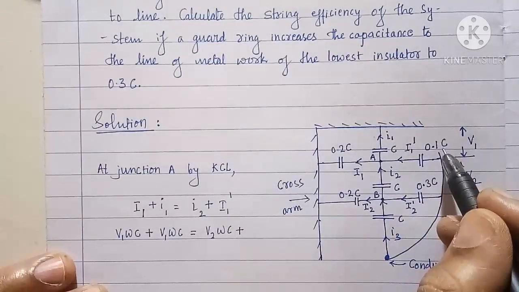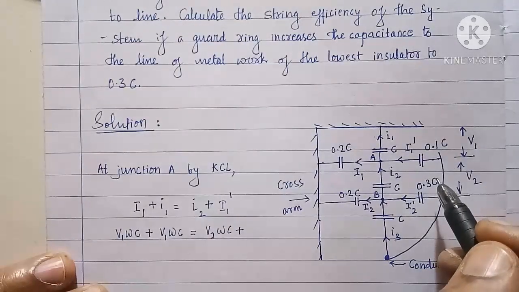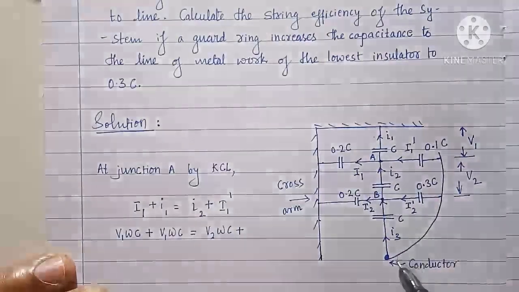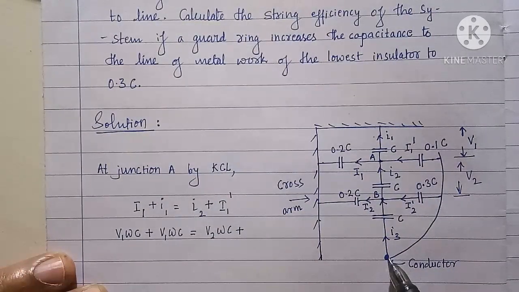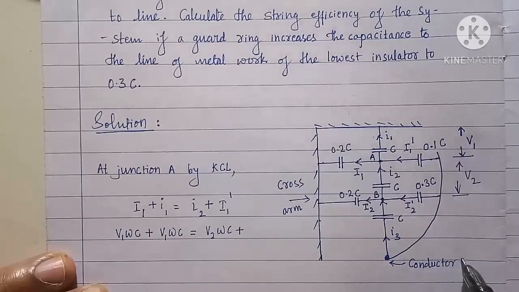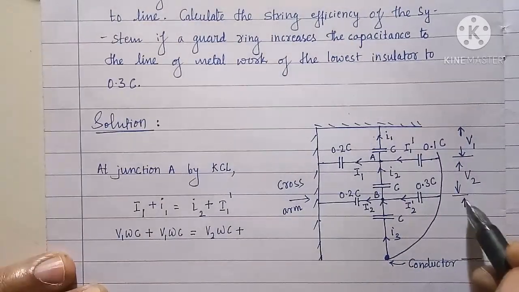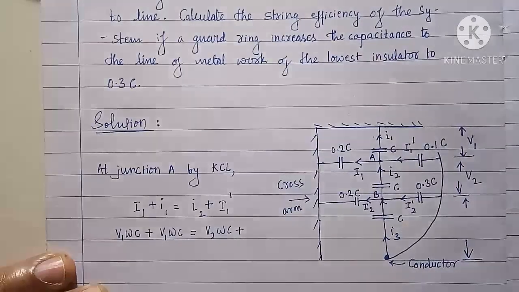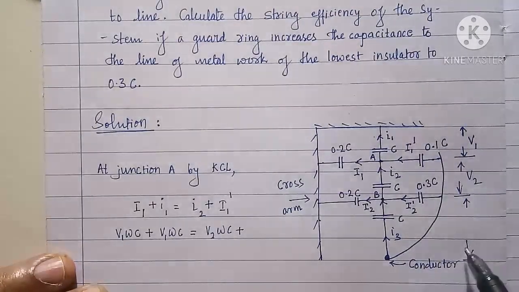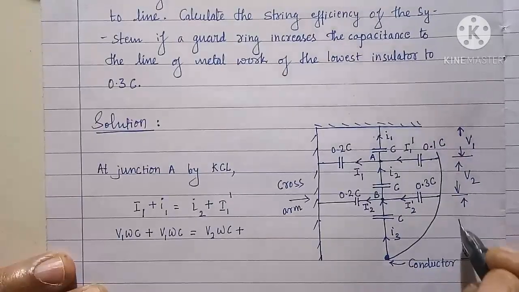Voltage across 0.1 C capacitor is V1 plus V2 because it is connected between A and the conductor. The voltage across B and conductor is V3.